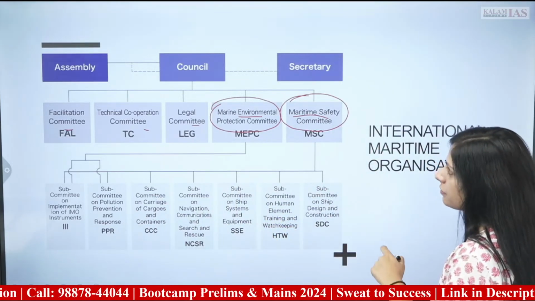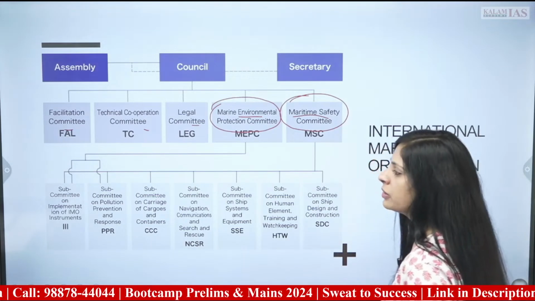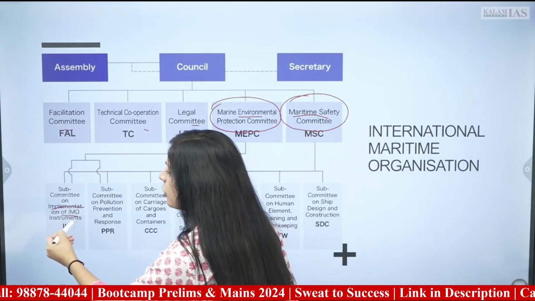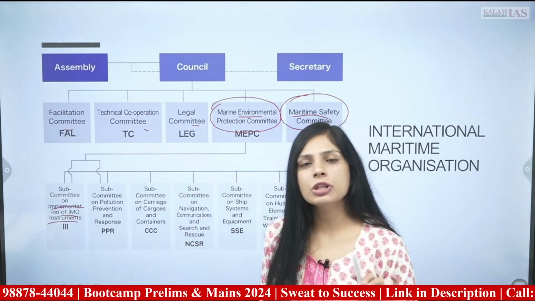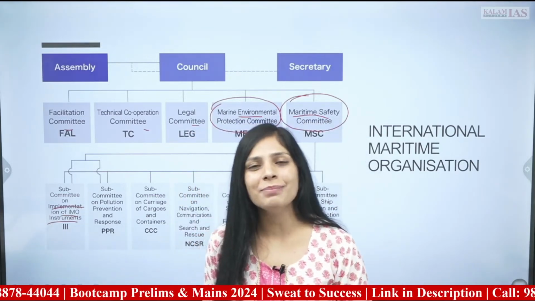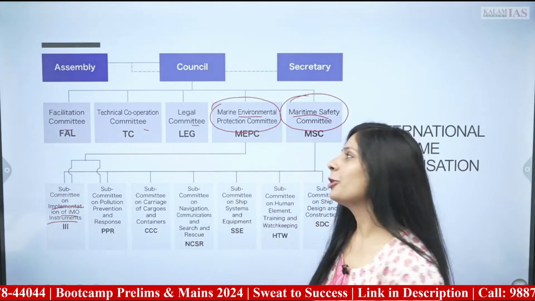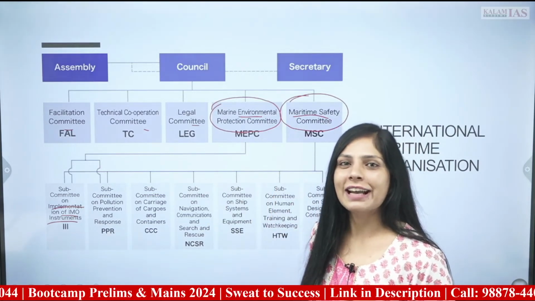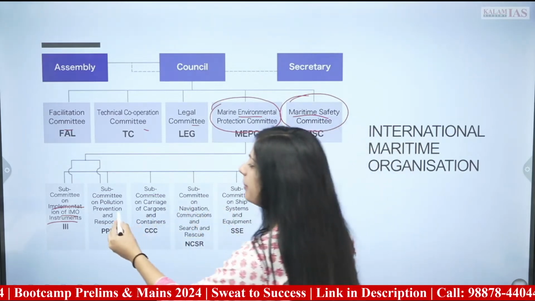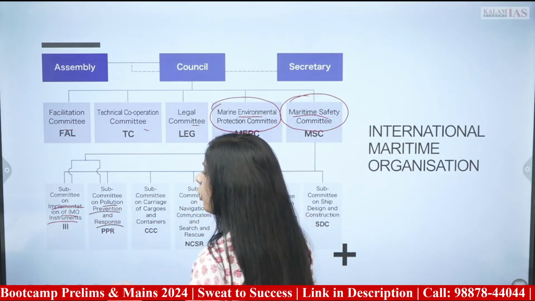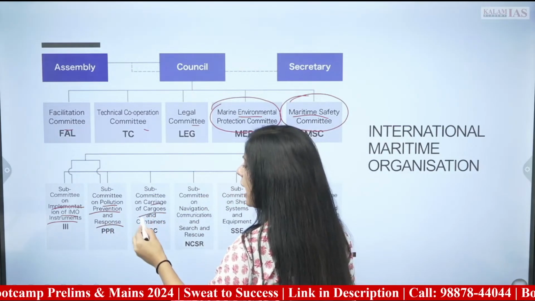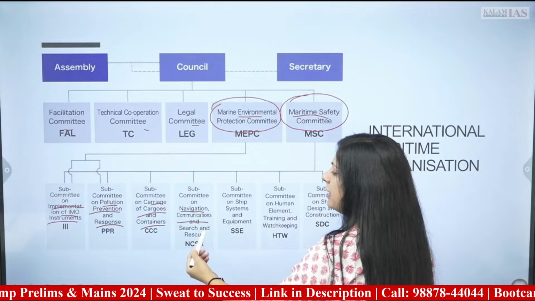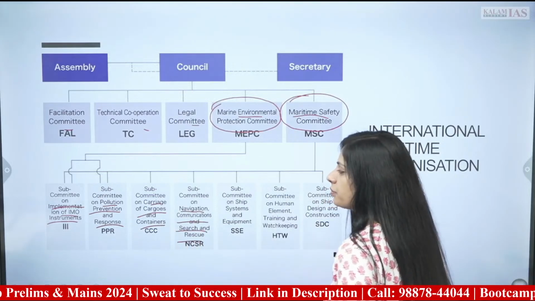Apart from it, there are 7 sub-councils, subcommittee on implementation of IMO instruments. So you know that IMO must be taking some instrumental measures to tackle the problem of marine environmental issues, right? Subcommittee on Pollution Prevention and Response, carriage of cargoes and containers, navigation, communication, search and rescue.